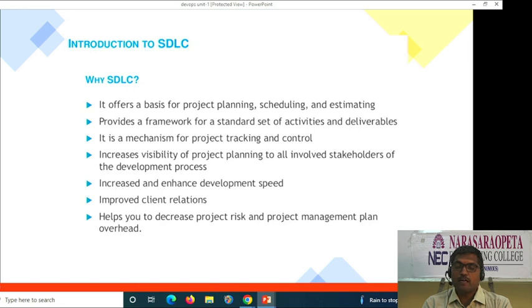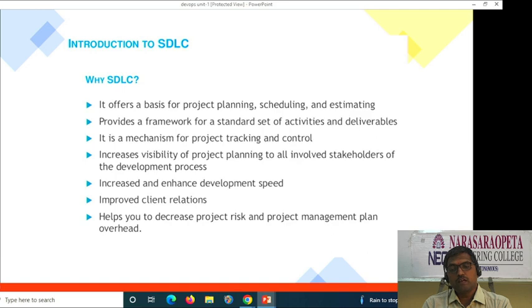Improve the client interrelationships. That is developer to the clients, developer to the customers, developer to the employees, developer to the end user. That relationship has to improve because of this. When you give it in a very planned way, it helps you with process risk and process management planning.